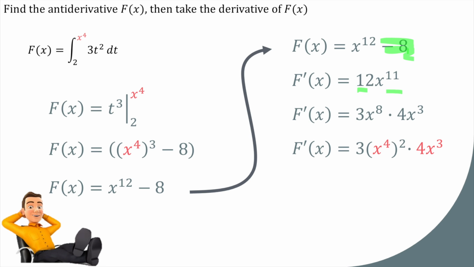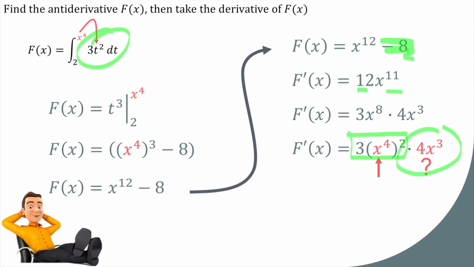Now this part should look familiar because that x to the 4th, well, that was our upper bound. And it just got stuck into where the t was in the rate function. But where did this 4x to the 3rd come from? That is the problem.